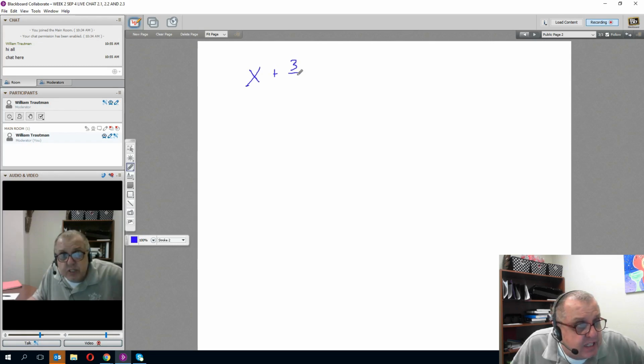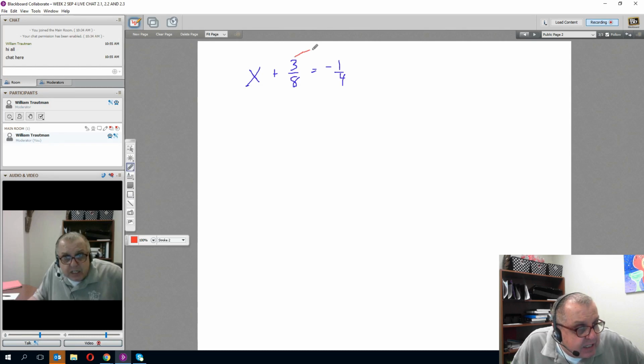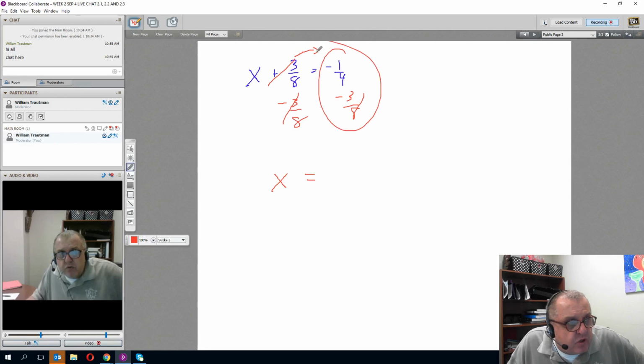x plus 3/8 equals a negative 1/4. This is the problem. I need to get the 3/8 to the other side. It's a plus 3/8, so I'm going to minus 3/8 on both sides. Plus 3/8 and a minus 3/8 equals 0. Now, over on this side, I have a minus 1/4 and a minus 3/8.